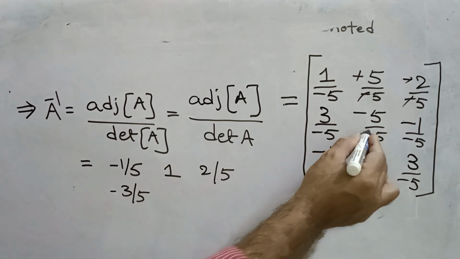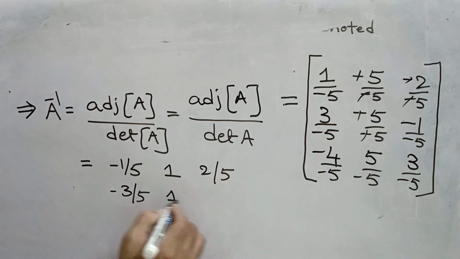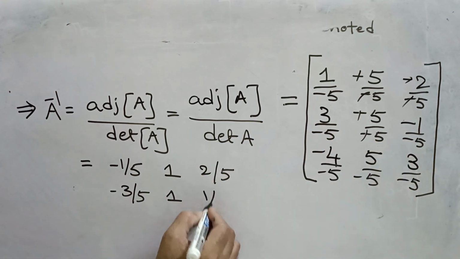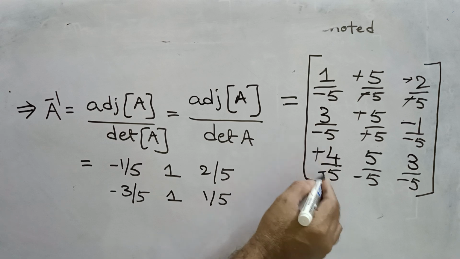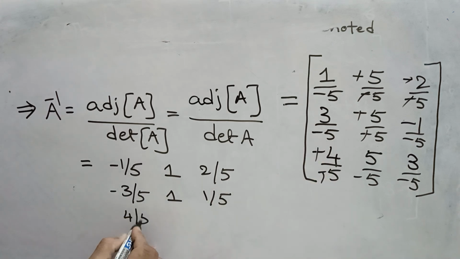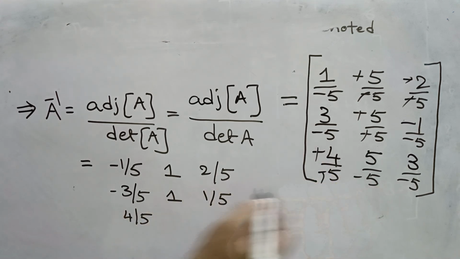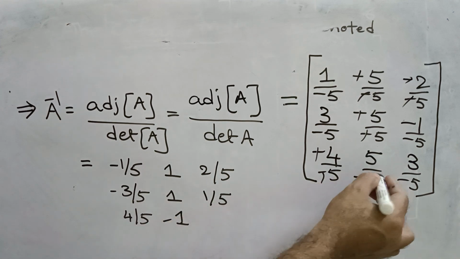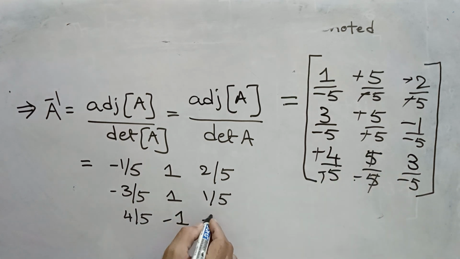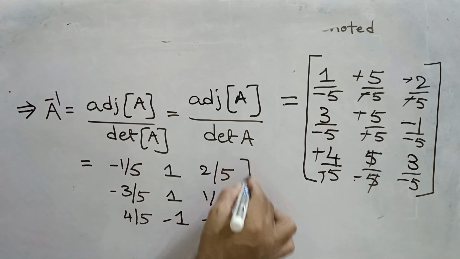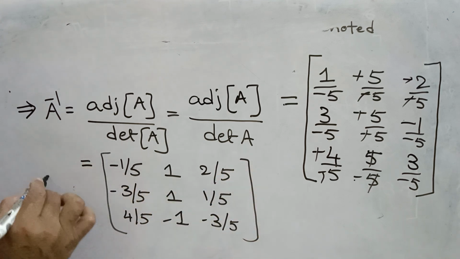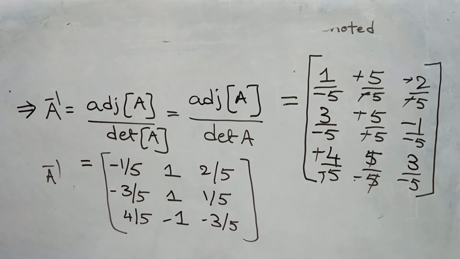And the second is again 5 by 5, 1. And it is 1 by 5. And it is 4 by 5. And it is minus 1, because 5 by 5 is 1. It is minus 3 by 5. This is your A inverse.